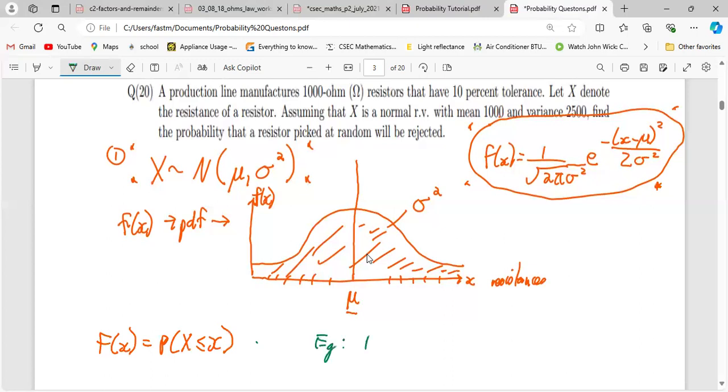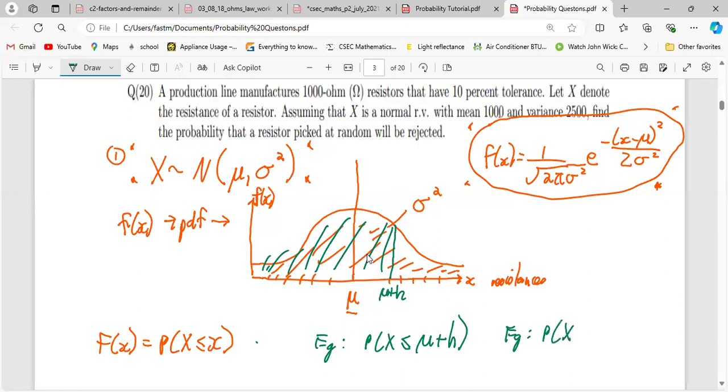If I wanted to know the probability x is less than or equal to some arbitrary value mu plus h, which could be anywhere here, then less than or equal to would just be all this area. You can see it as the probability that x is less than or equal to mu plus h.